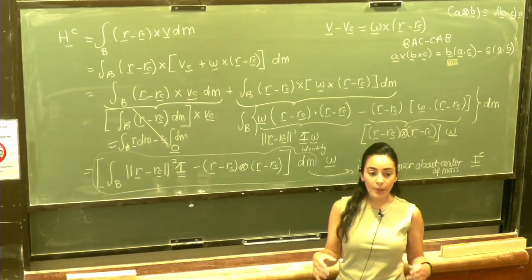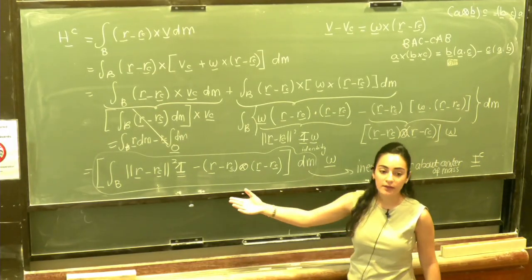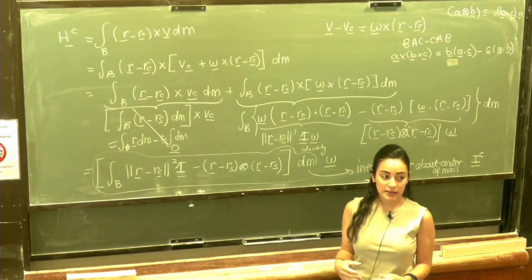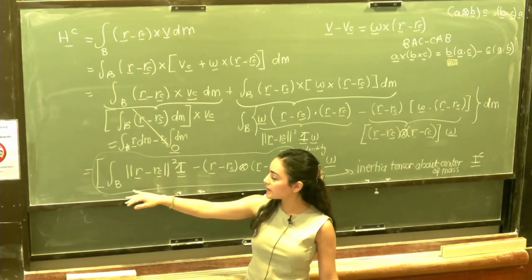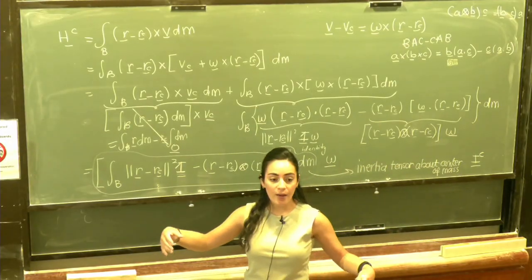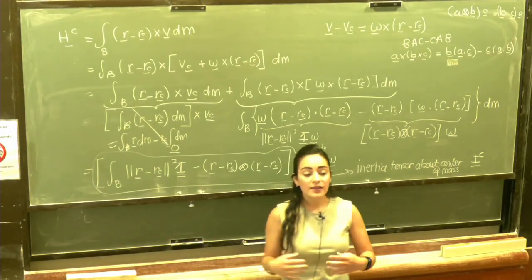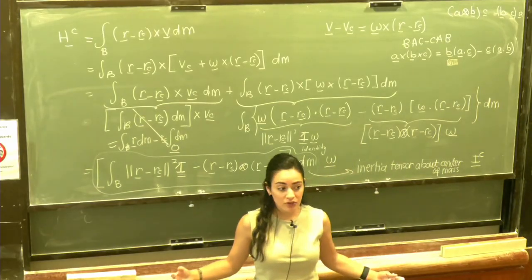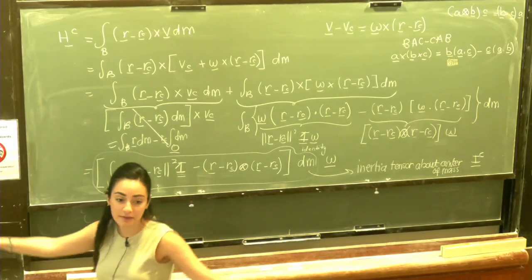So if all the points were concentrated at the center of mass, the rotational inertia of the body would be what? It would be 0. If all the mass is concentrated at RC, R minus RC would be 0. And the farther away I am from RC, the more mass distribution I have, the greater rotational inertia I have, the more difficult it's going to be for me to rotate, right?